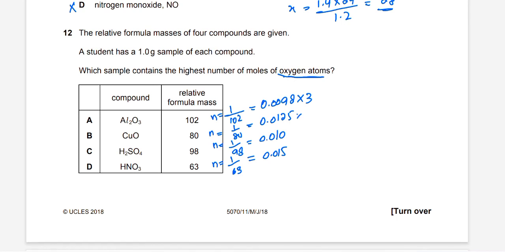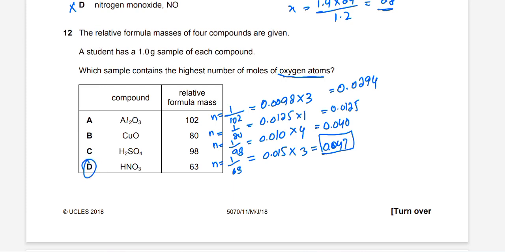So it will be 0.047, 0.040, 0.0125 as it is, and 0.0098 multiplied by 3 equals 0.0294, which is the highest quantity here. It contains the highest number of oxygen atoms. So option D is correct.